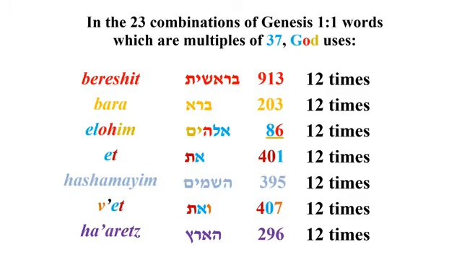So through all those examples we've just seen, if you sat and counted up how many times did Bereshit show up in all those combinations, it showed up 12 times. Bara showed up 12 times. Elohim showed up 12 times. Et, 12 times. Hashemayim, 12 times. Va'et, 12 times. Haaretz, 12 times. It's too exact. Very cool.